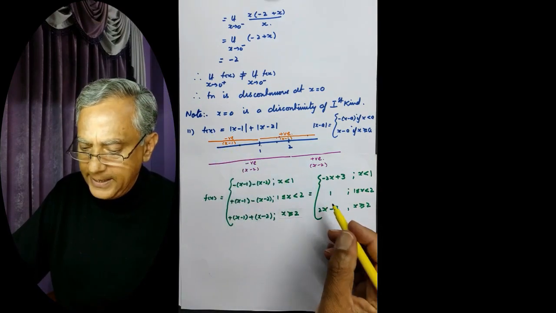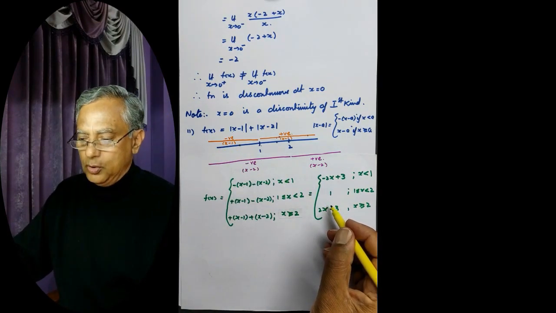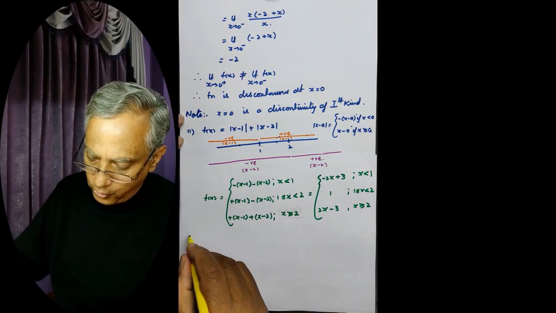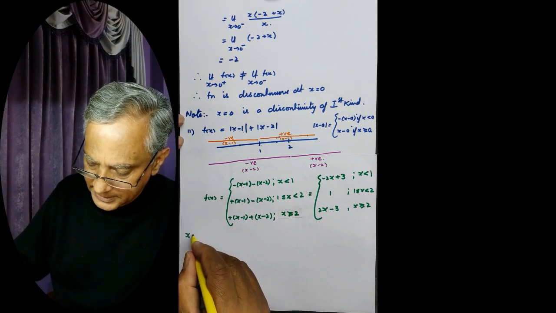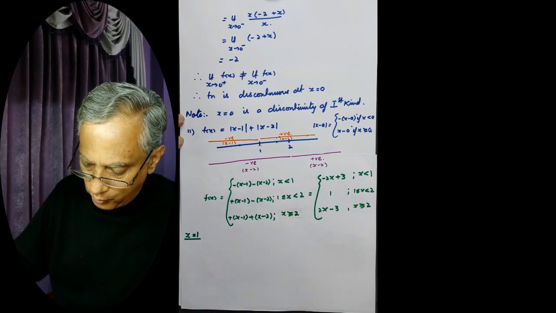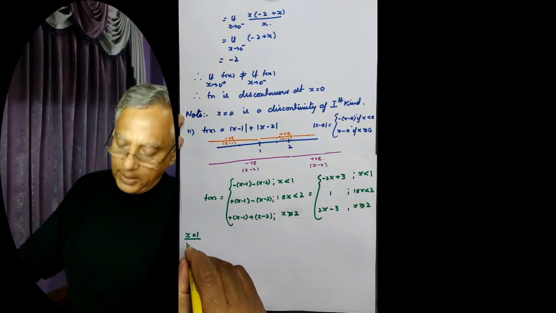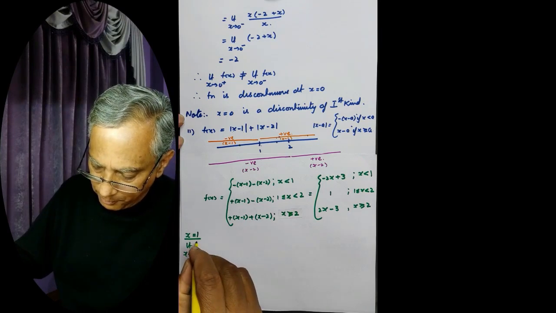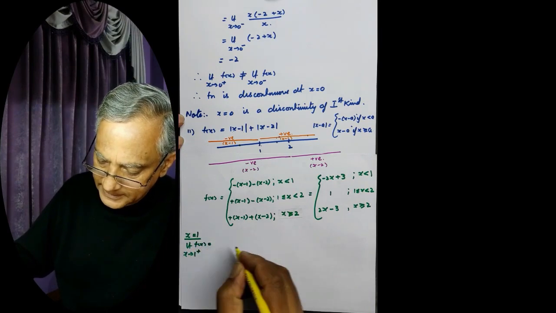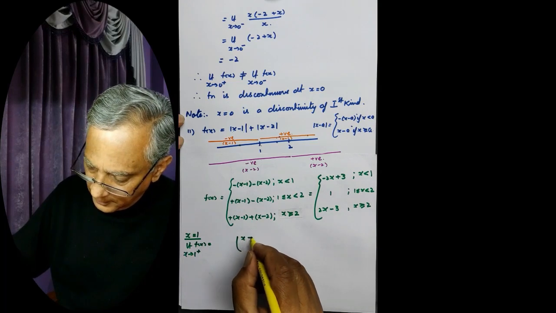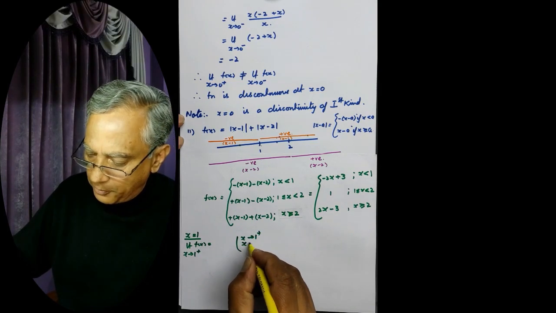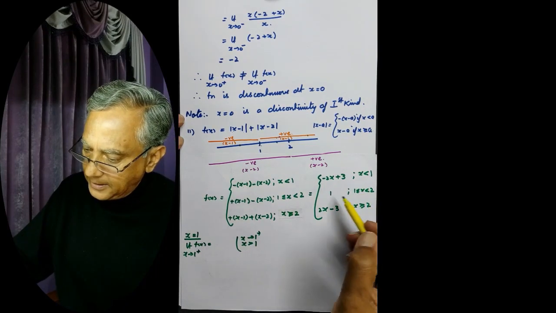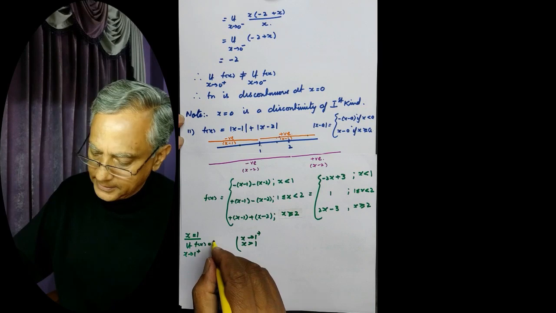So we have simplified this function into this form. Now we find the continuity at, say, x equal to 1. Limit as x approaches 1 from the positive side, f(x) is equal to, now x approaches 1 from the positive side means x is greater than 1. And x greater than 1 is included in this definition.